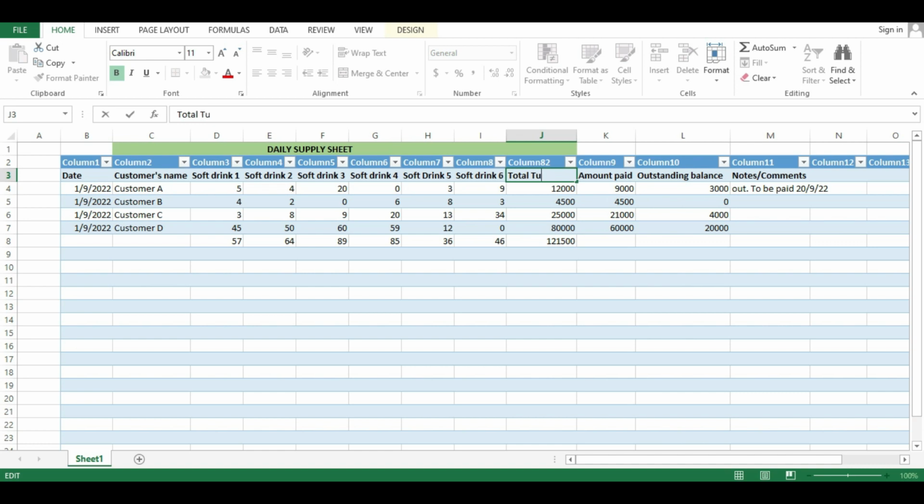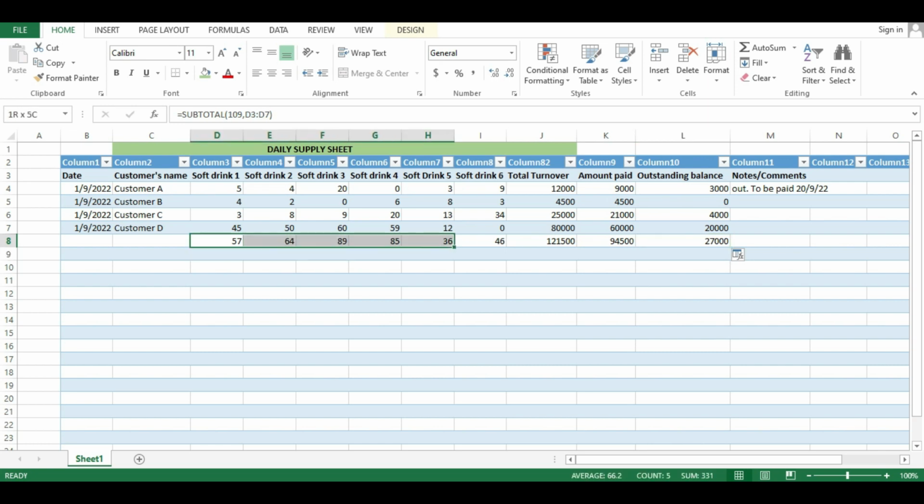Total turnover, to make it more understandable. Now this column gives total for amount paid, and this gives you total for your outstanding balance.